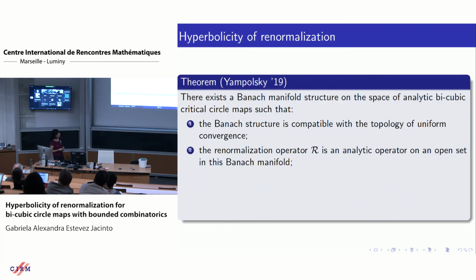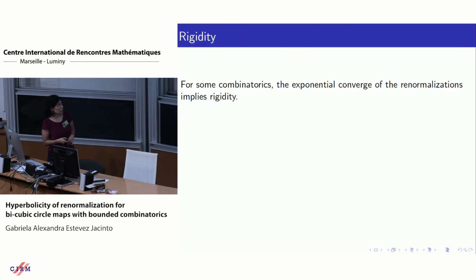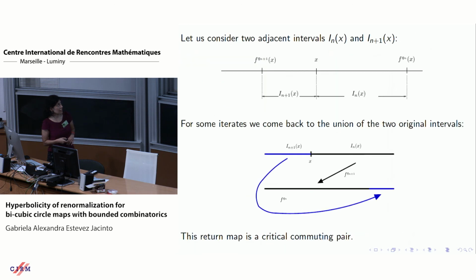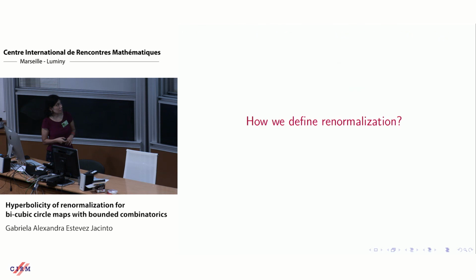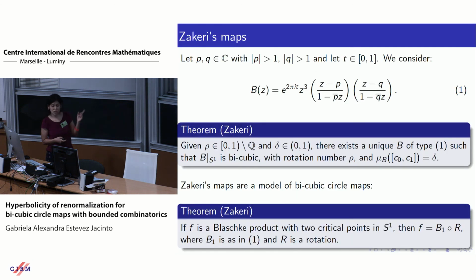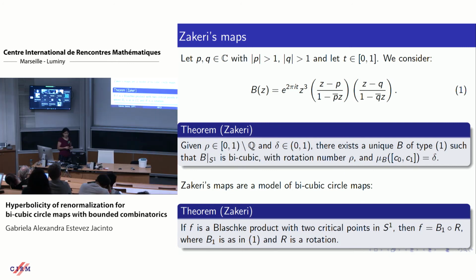Well, I don't know if I understand the question, but the existence of the periodic points is given by this result of Zachary. This delta should be bigger than 0, right? Yeah.